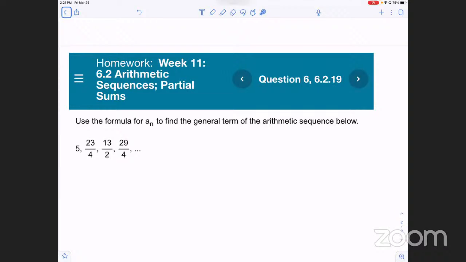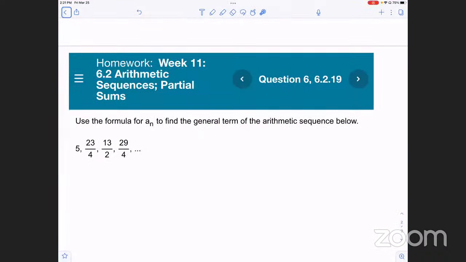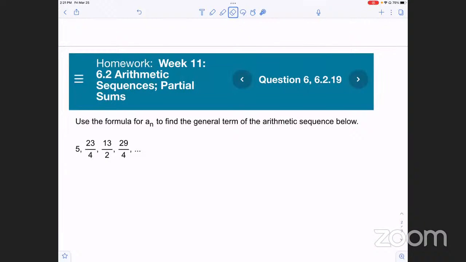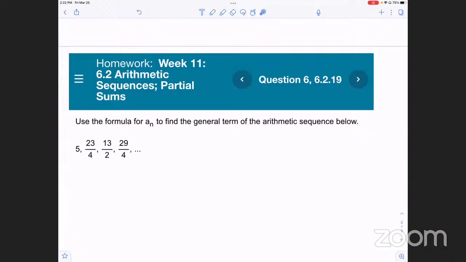The formula for the general term of an arithmetic sequence, again, every time we use a formula, it's recommended that you write it down.